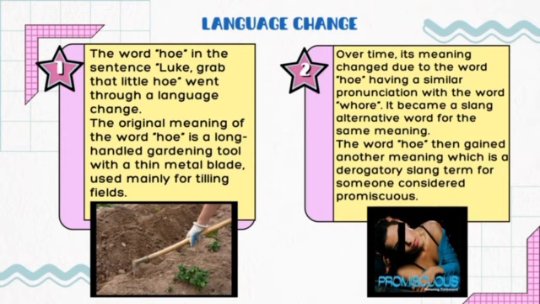Over time, its meaning changed due to the word hoe having a similar pronunciation with the word whore. It became a slang alternative word for the same meaning. The word hoe then gained another meaning, which is a derogatory slang term for someone considered promiscuous.